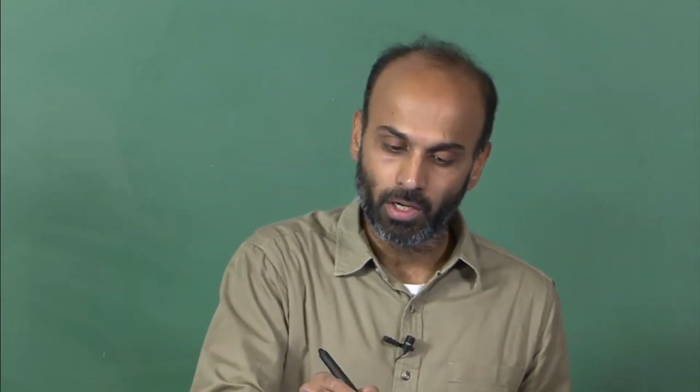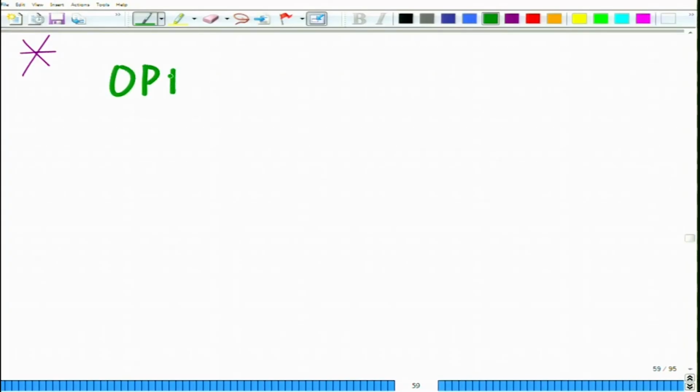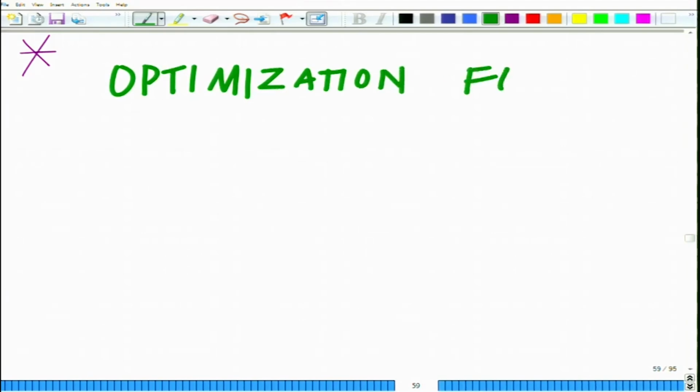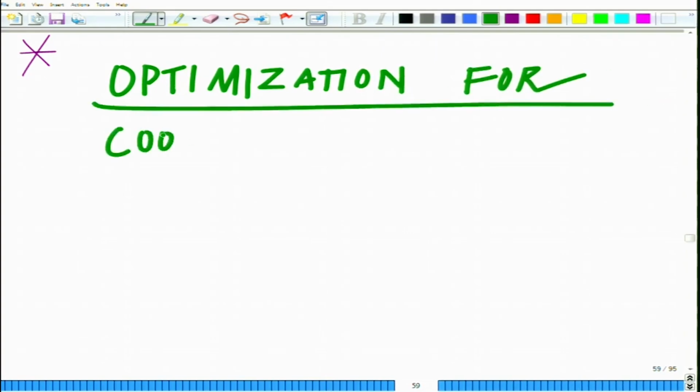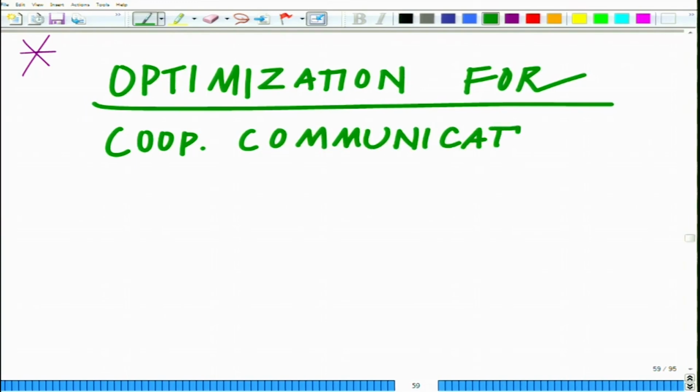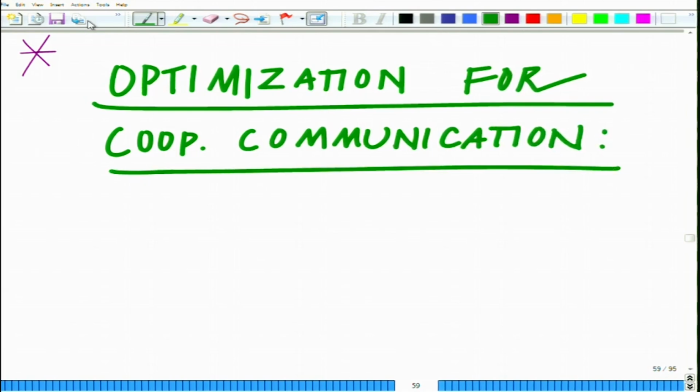We are looking at optimization for cooperative communication, and in this module we are going to get to the optimization problem. We are looking at optimization for your cooperative communication system.